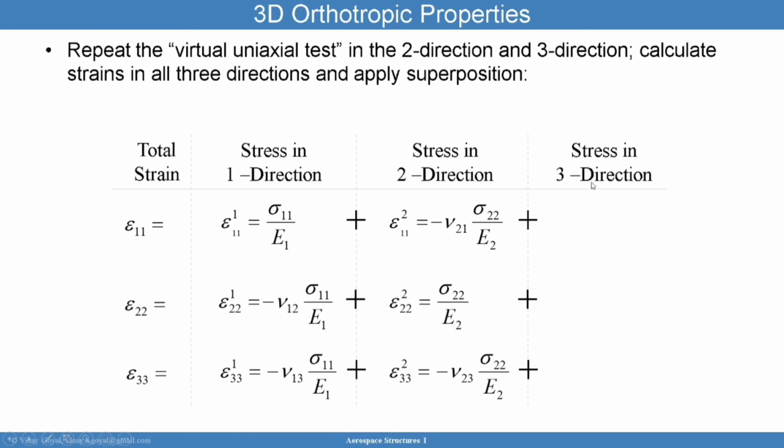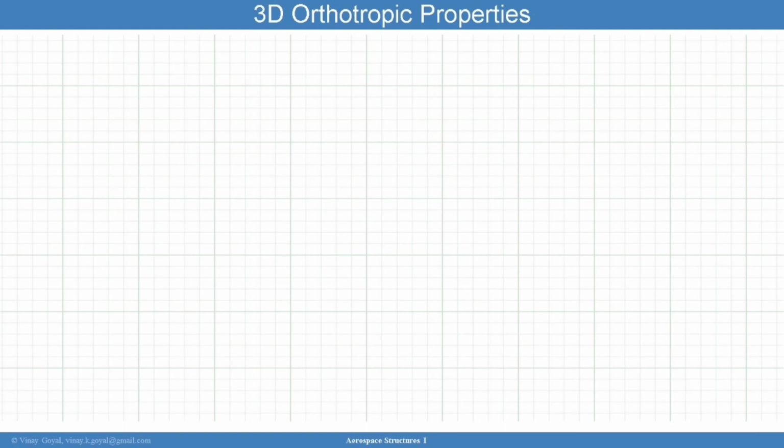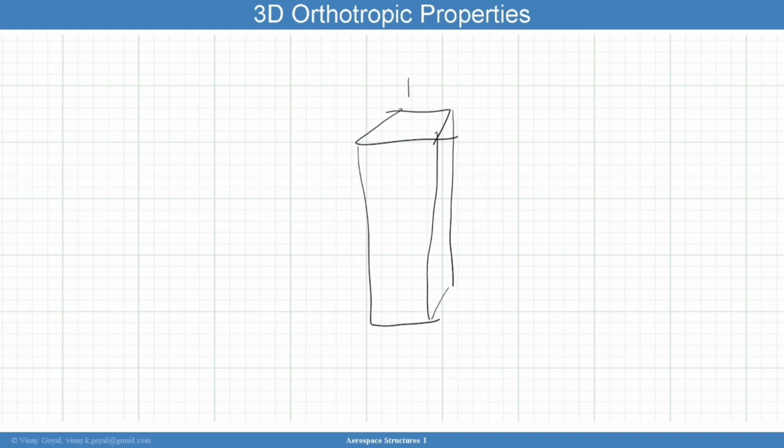In the 3rd direction, I can then draw the test sample. And I'm going to apply loading in the 3rd direction, sigma 3.